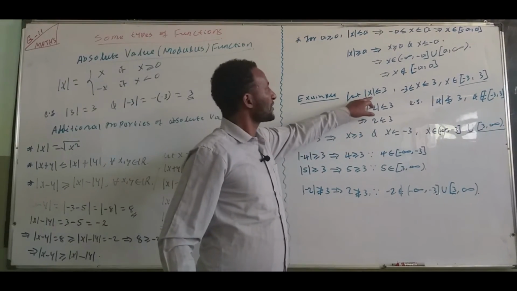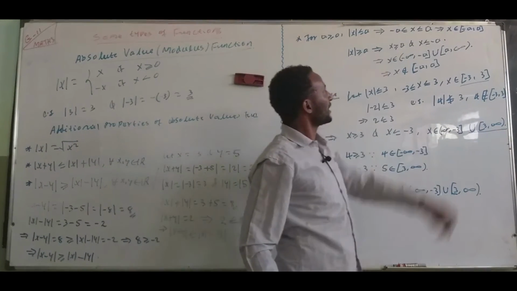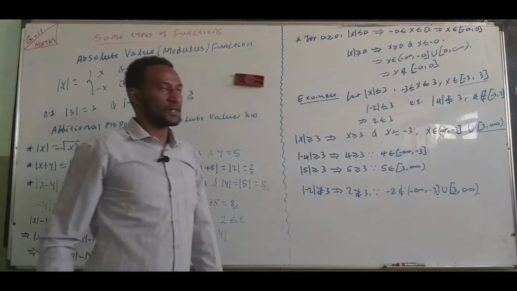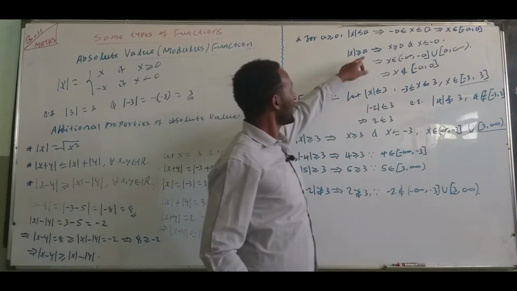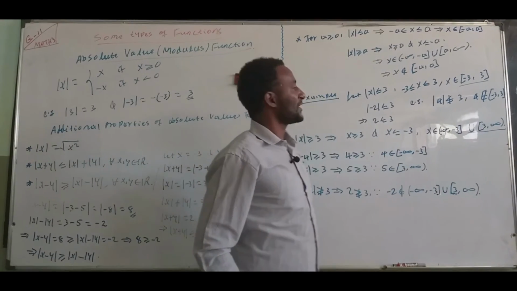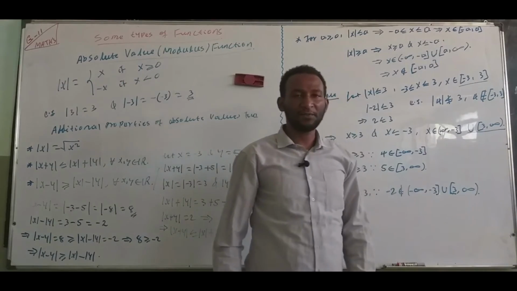Therefore, the absolute value of x less than or equal to a means x is between negative a and positive a, and the absolute value of x greater than a means x is greater than positive a or x is less than negative a.